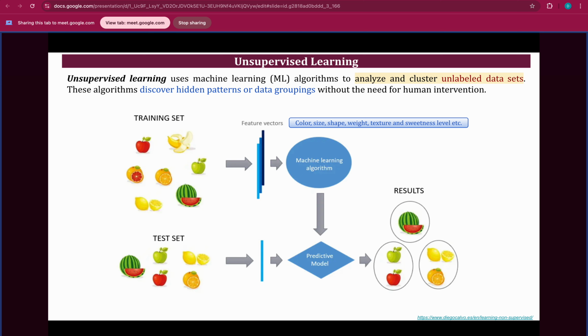In that way each fruit will have a different size and shape, its weight might vary, its texture might vary, its sweetness level might vary. By looking at these characteristics, the machine learning algorithm will decide that if this is the color and this is the size, and the size won't be fixed, it could be in some range, then the predictive model will be developed.